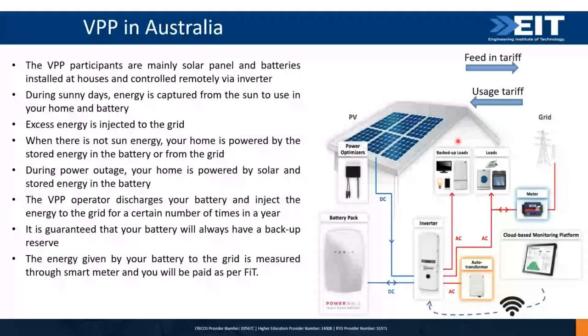So for the power that is sent from the battery to the grid, the householder is paid as per feed-in tariff. And for the power that is sent from the grid to the house, the householder has to pay based on a tariff which is the usage tariff.